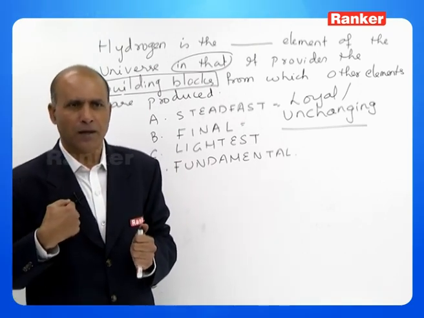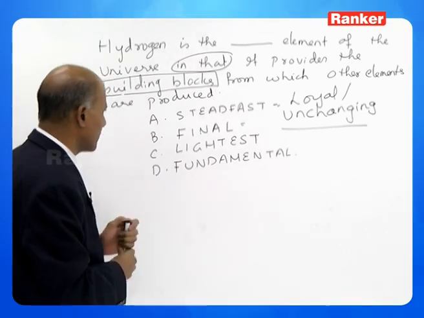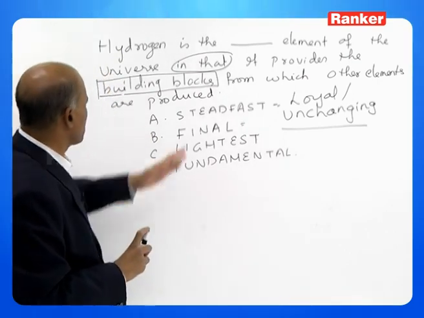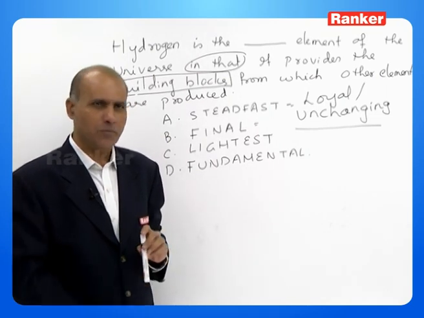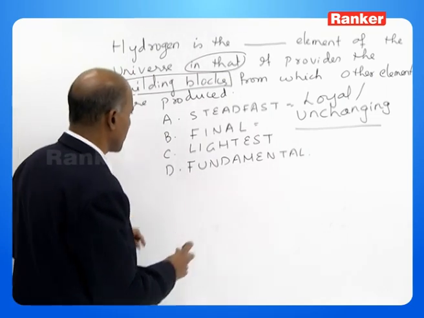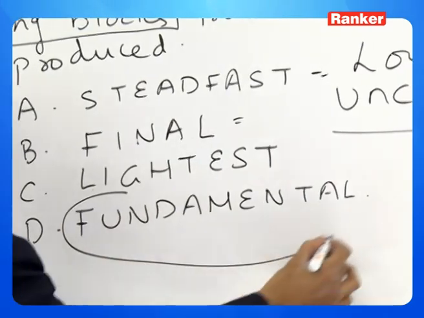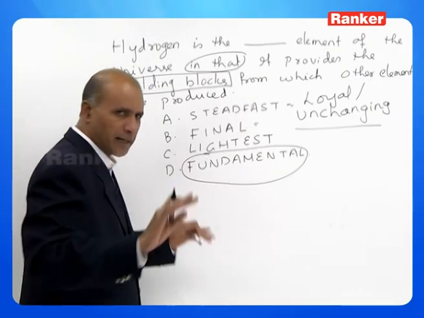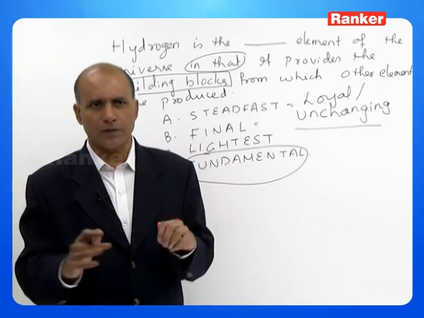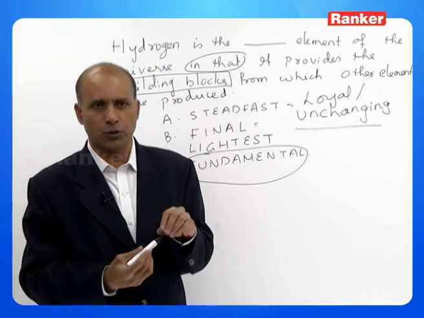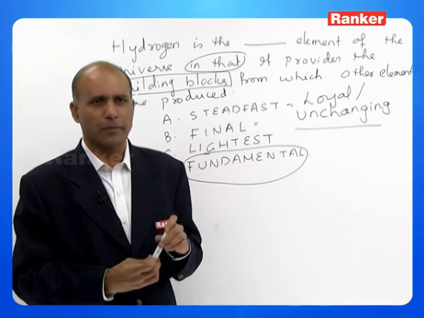I am not the final. So, doesn't fit. Lightest. Nowhere in the sentence anything related to weight is mentioned. So, the correct answer is fundamental. What is fundamental? Anything that is very, very, very basic. So, it is the fundamental element of the universe from which other elements come.